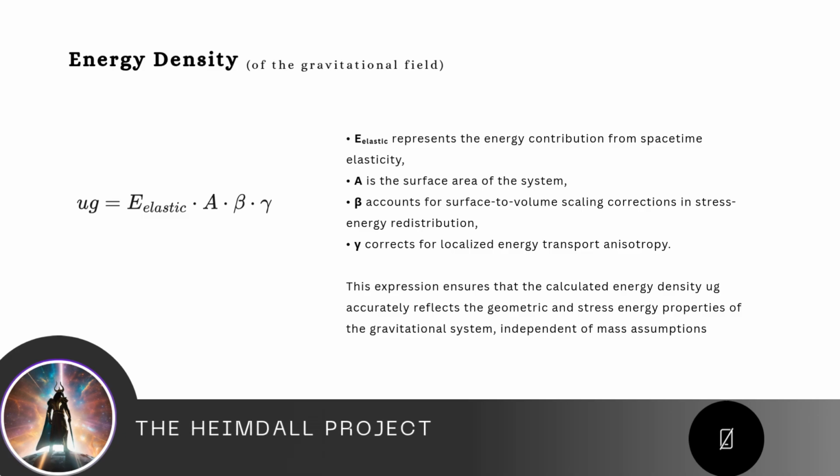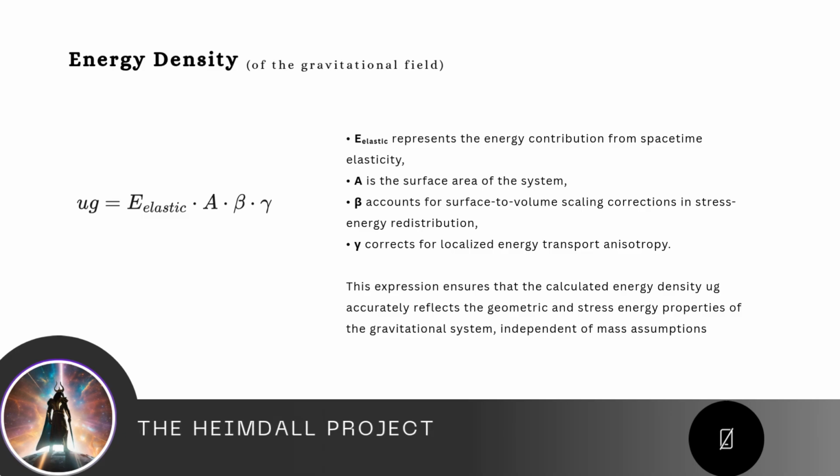We're capturing it from surface area, so the area around a celestial body, and that is the interaction of space-time and the celestial body. Very important. Beta and gamma are surface-to-volume corrections and energy transport anisotropy.